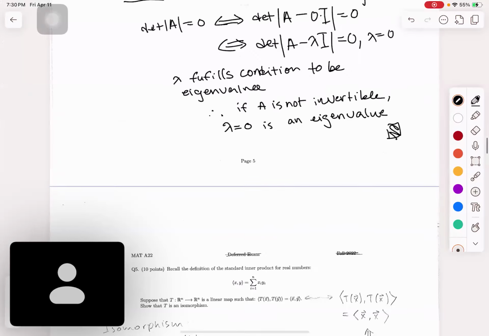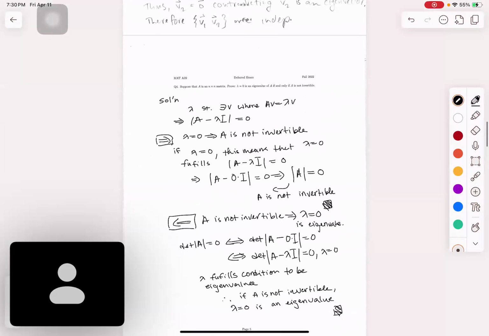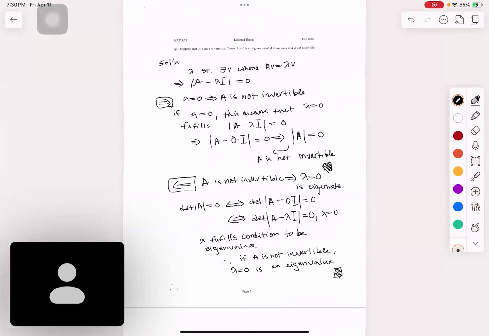And since we proved both ways, therefore lambda equals 0 is an eigenvalue if and only if A is not invertible. And that is the end of the question.